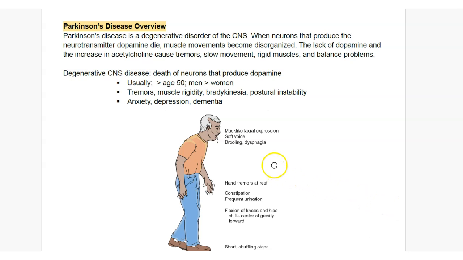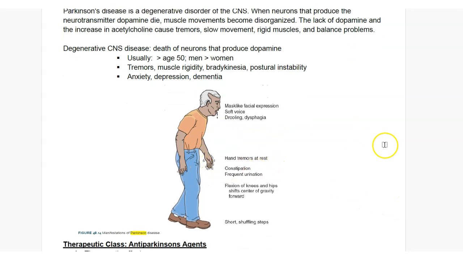This illustration right here is basically a classic manifestation of Parkinson's. They have this mask-like facial expression. They usually are soft spoken, and towards the end of the disease, as they progress, we may have a hard time understanding them when they speak. You may see them drooling and having a hard time swallowing.